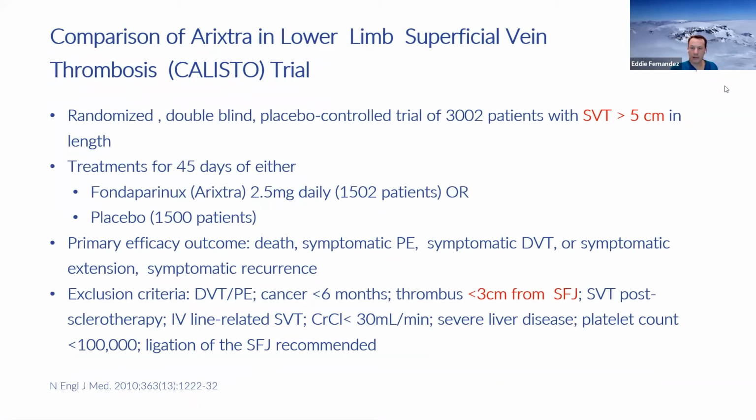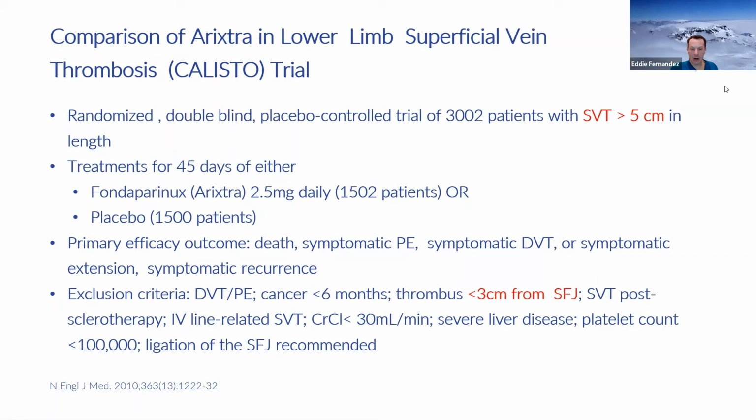So very nice group of patients. They look at patients with an SVT, again, greater than 5 centimeters in length. So they used that prior data, and they say, we're going to look at these large patients that were already identified as being high risk, and we're going to treat them for 45 days with fondaparinux, okay, or a placebo.